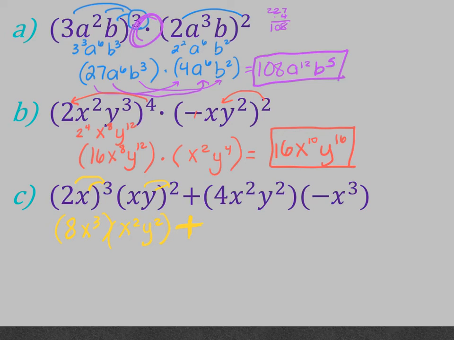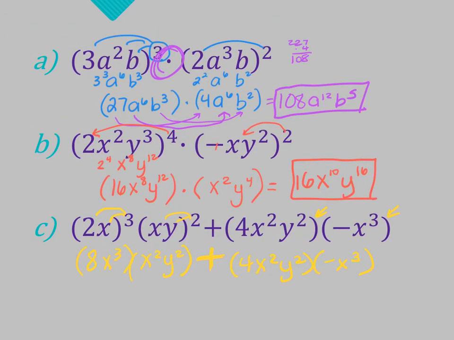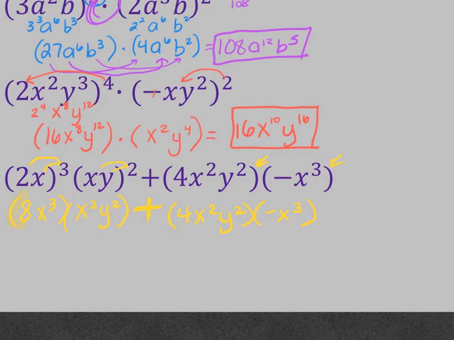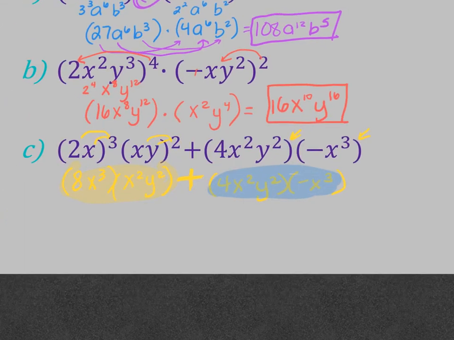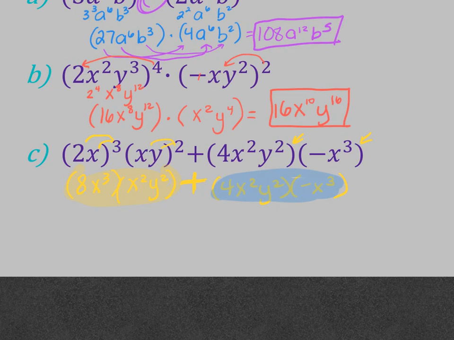The next one is already, there's no exponents on the outside, so I don't need to distribute. It would just be 4x squared, y squared, negative x to the 3rd. Now I'm going to multiply out these individual groups. So from the first one, I would get 8 times 1, there's really a 1 there, which is 8.